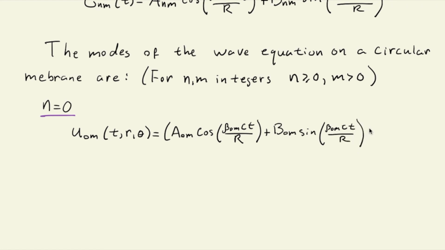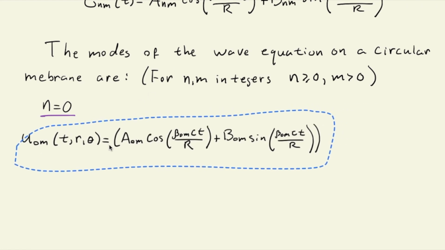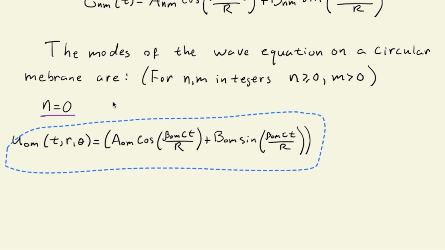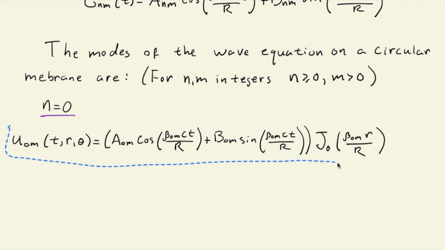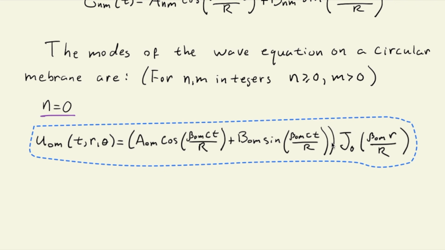That's the G. I'm going to have to scooch. Just the G is pretty long, right? And then the P is just J0 of beta 0m r over R. And the Q function is just 1 for n equals 0. Right? So let me center this expression a little bit.